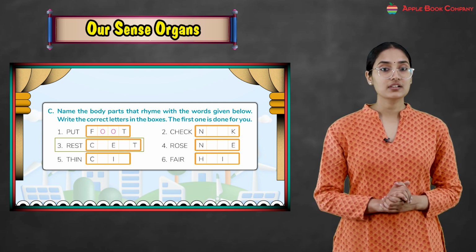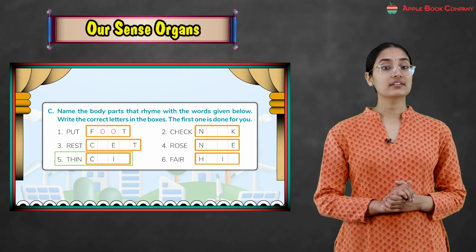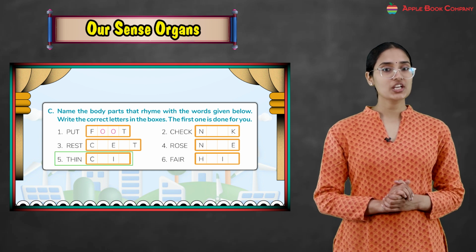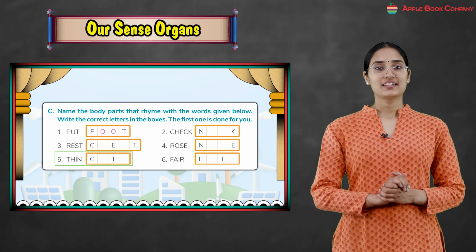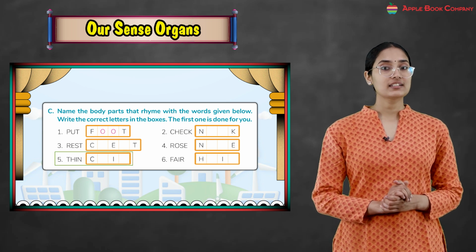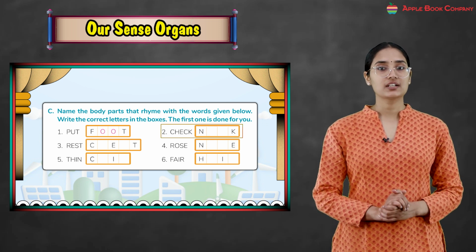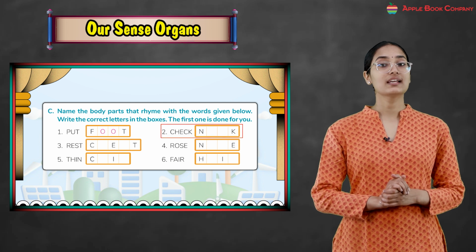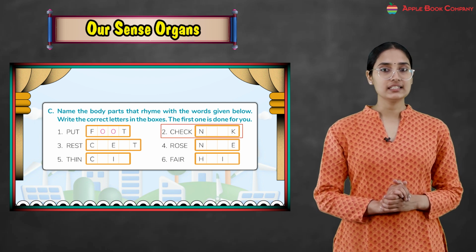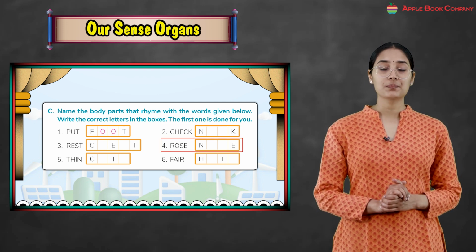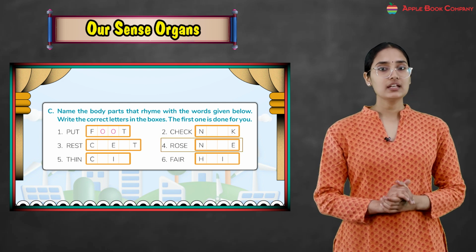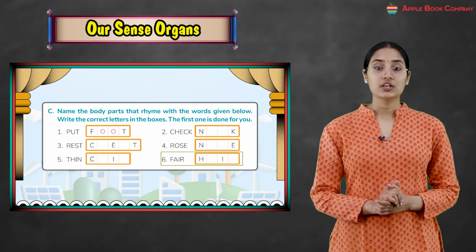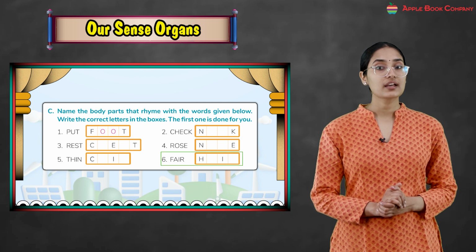Similarly, thin rhymes with what? Chin, CHIN. Yes, so just like this, check. The rhyme is neck, NECK. Rose rhymes with nose, NOSE. Fair rhymes with hair, HAIR.